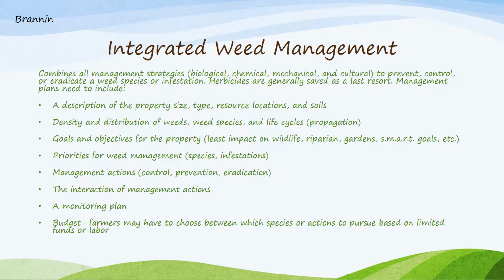Goals and objectives for the property. The priorities for the weed management, including the priority species, management actions, the interaction of management actions, a monitoring plan, and a budget, because farmers may have to choose between which species or actions to pursue based on limited funds or labor.